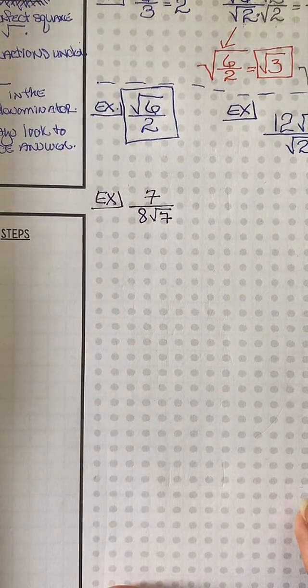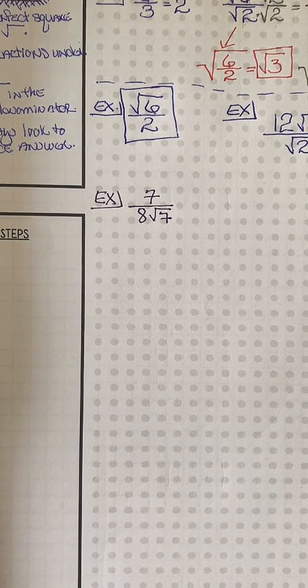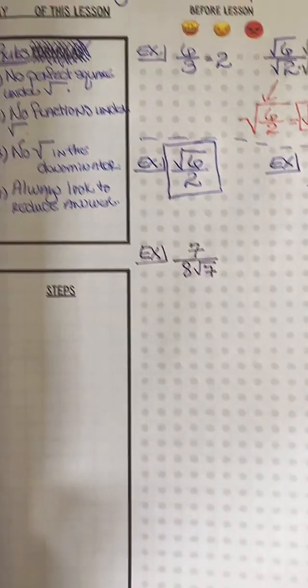Okay, so 7 over 8 times the square root of 7. Let's not label it. Feels like I'm rearranging cattle or something. Like, get in there. Round it up. All right. So now let me show it again.